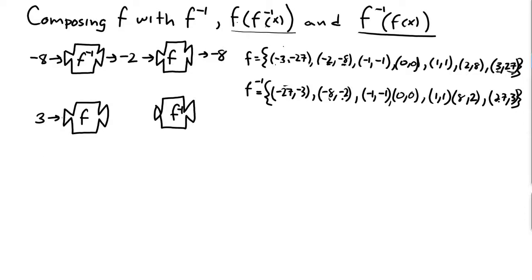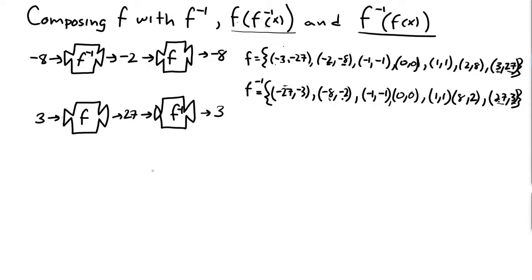Well, I get 27 out. That goes now into f inverse. So I put 27 into f inverse. What do I get out? I get out 3. So 3 went in and 3 came out.